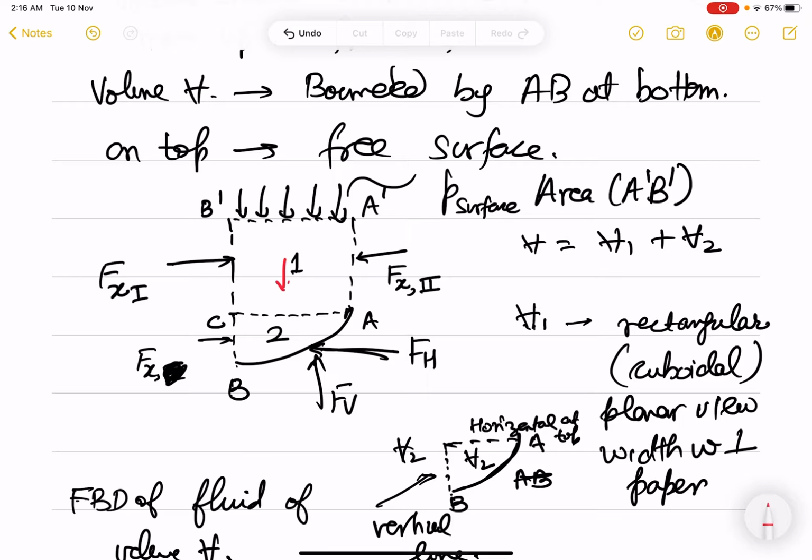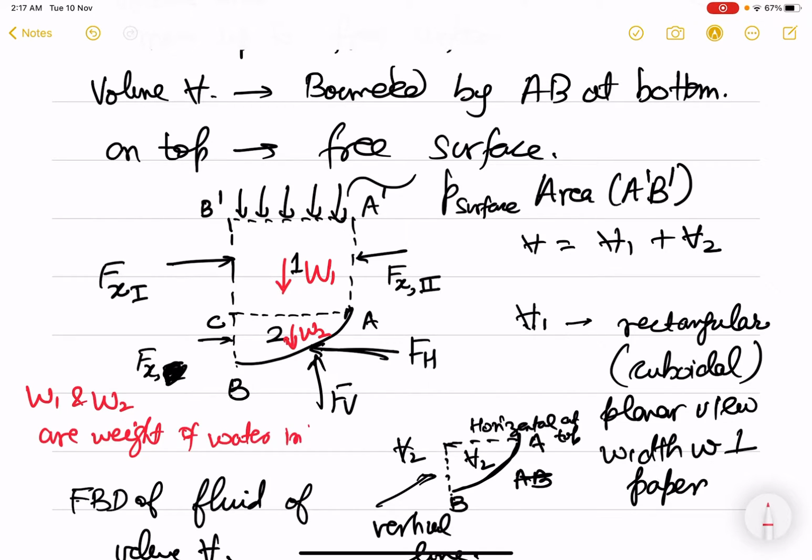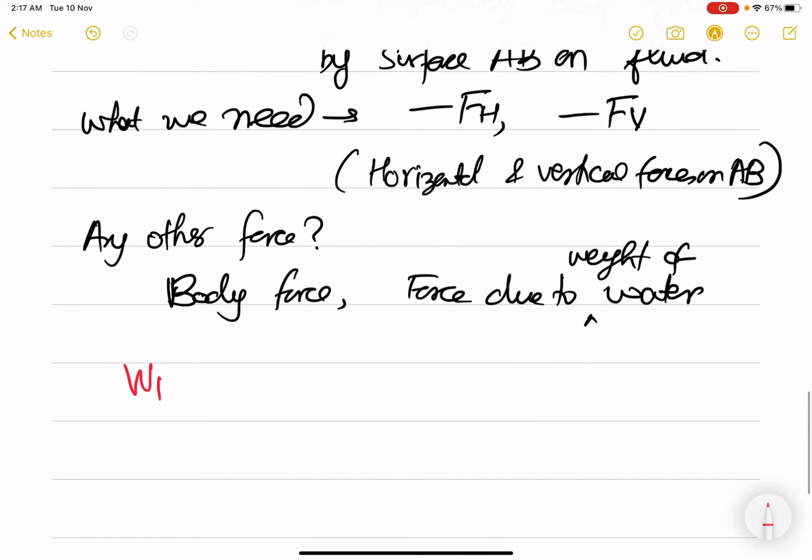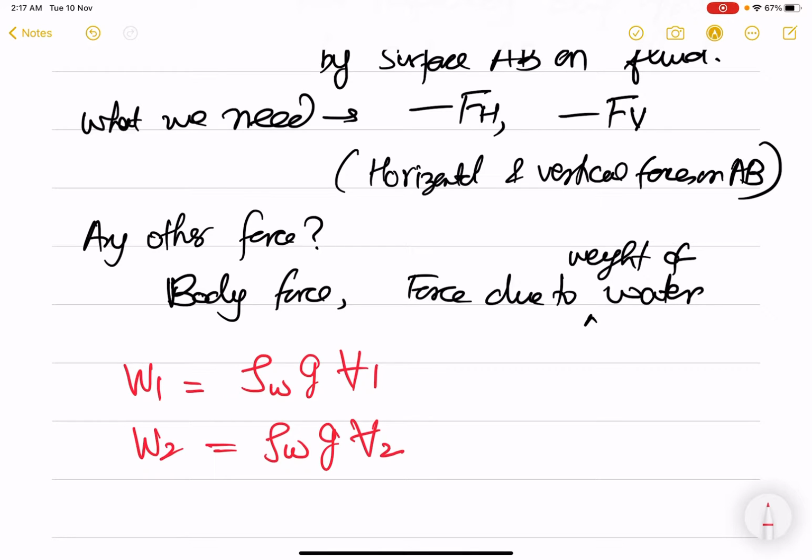So I will show W1 and W2. W1 and W2 are the weight of water in V1 and V2. So then we will have W1 and W2. W1 will be equal to rho water g V1. This will be equal to rho water g V2. So these are all the forces which are acting.